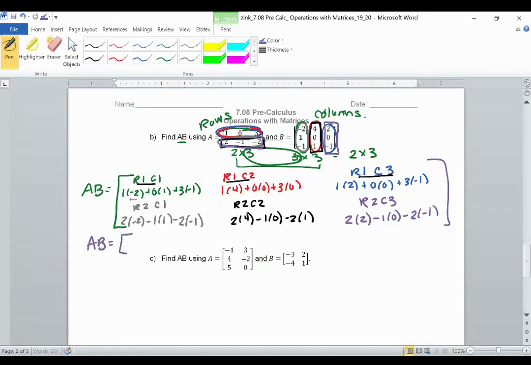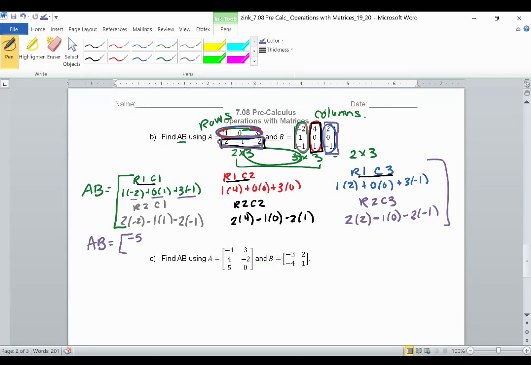So I have negative 2 plus 0 is negative 2 minus 3 is negative 5. And then I've got 4 plus 0 plus 3 times, wait a minute here.